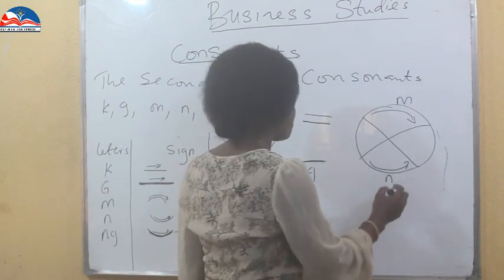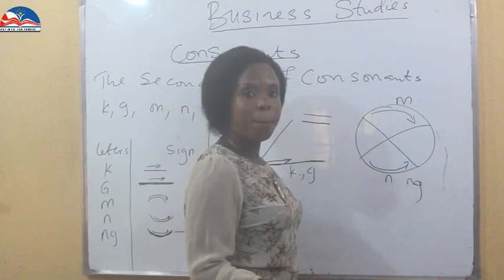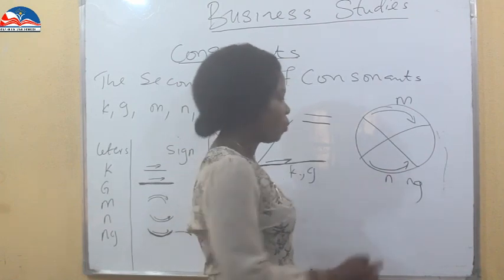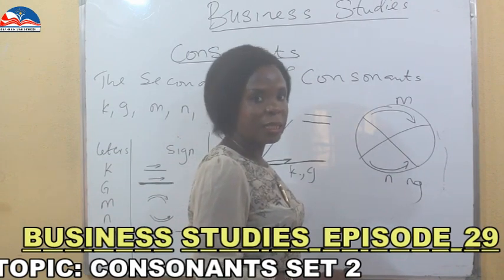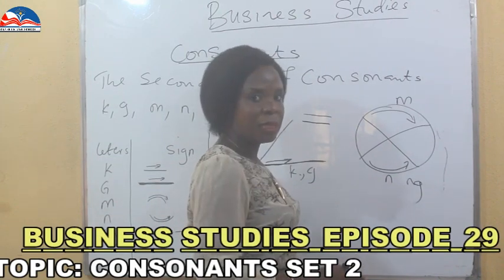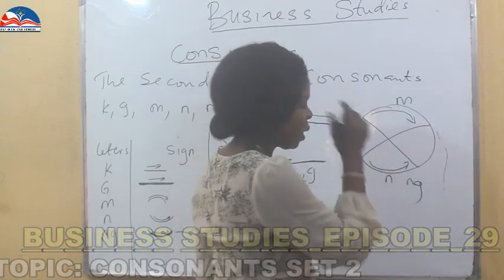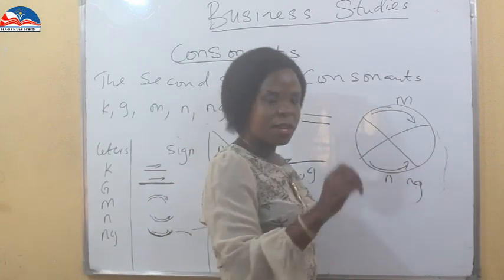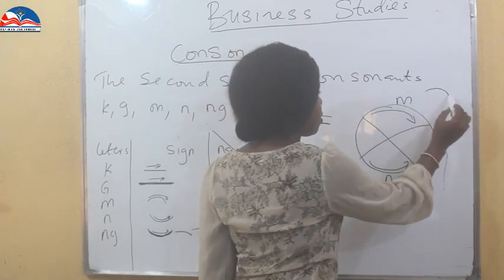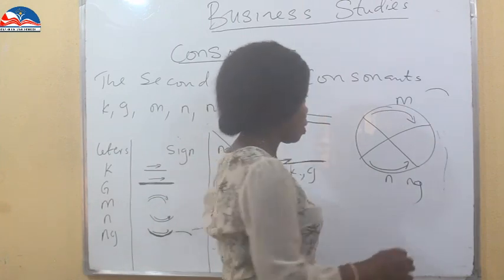Now, they are all curves. The M is a downward curve written in this direction, but a light stroke, a light curve.